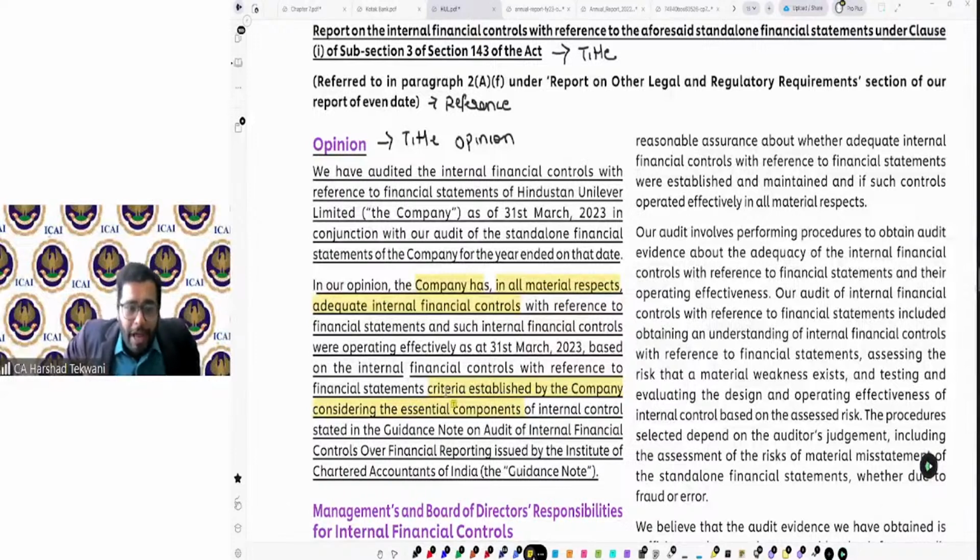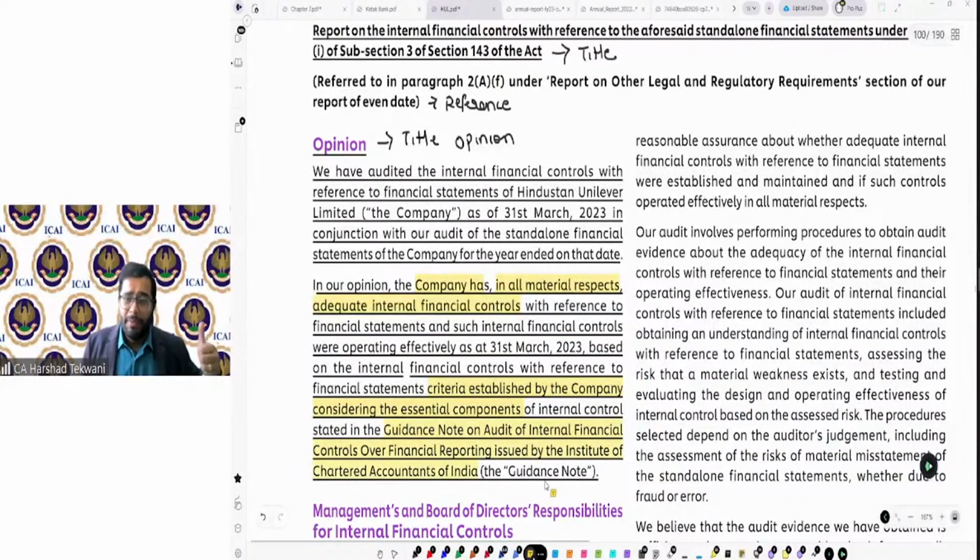Whenever you evaluate a financial statement, you evaluate with respect to a criteria. The criteria is the applicable financial reporting framework in order to decide whether the financial statements are as per the requirement or not. So you have a criteria, and on basis of that criteria, you match the actual financial statement. Here, the criteria is established by the company itself. But how is the company establishing that criteria? Based on the guidance note issued by the ICAI.